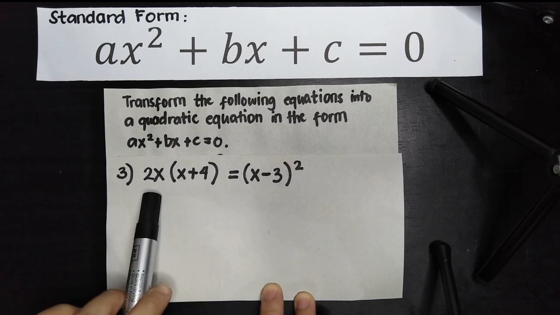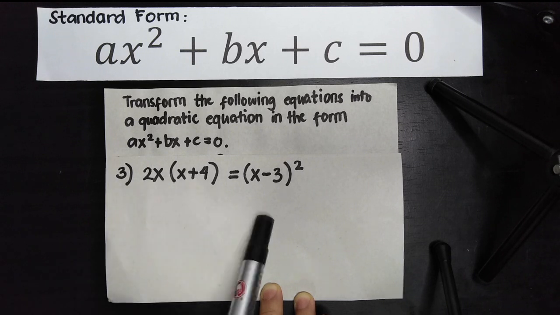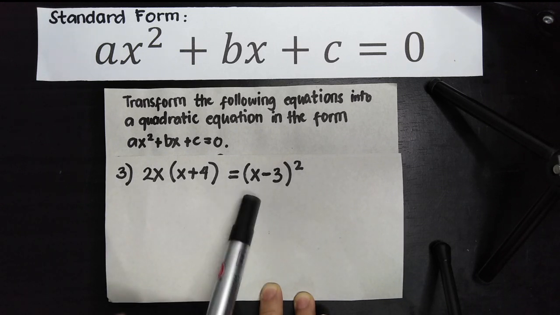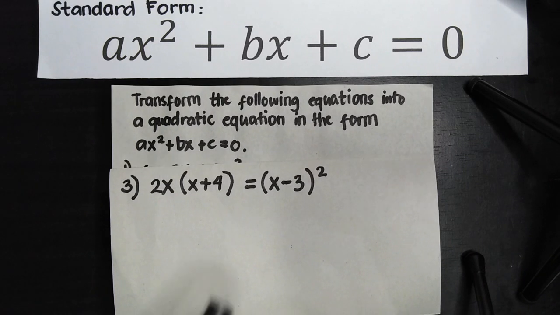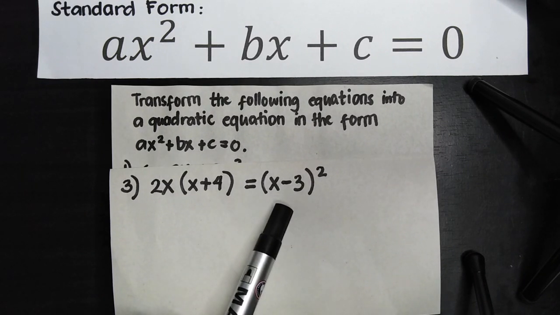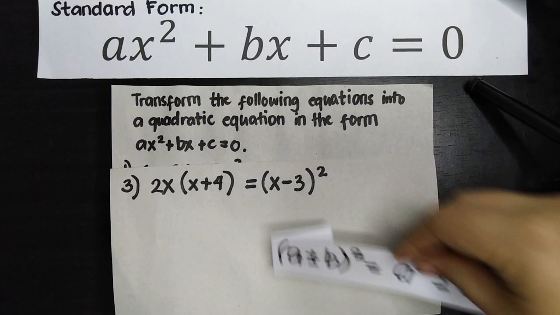For this expression, to simplify, we are going to use distributive property of multiplication. And then, ito yung dalawang factors ng x minus 3. So, either gawin natin yung ginawa natin sa first tutorial na paghiwalayin natin yung dalawang factors and then use FOIL method. Pero, di ba sabi ko may shortcut? Ang sinasabi kong shortcut dyan ay ang special products.